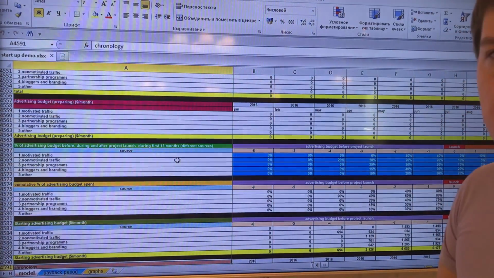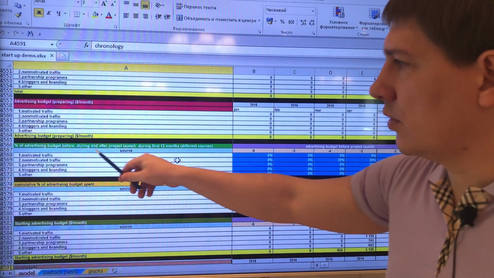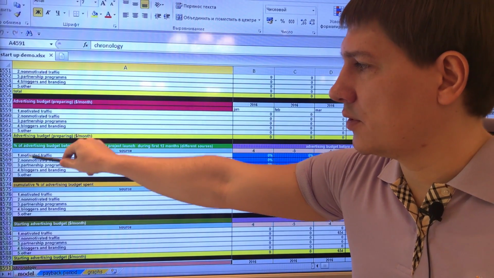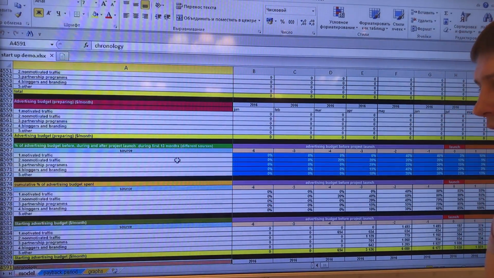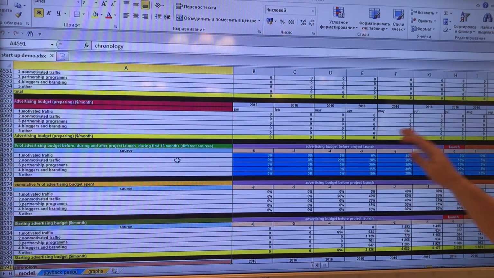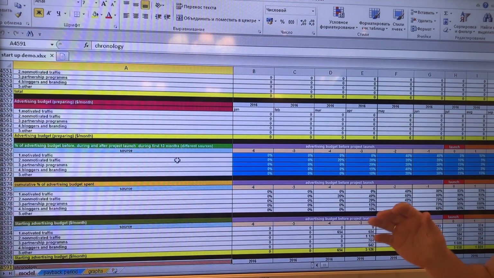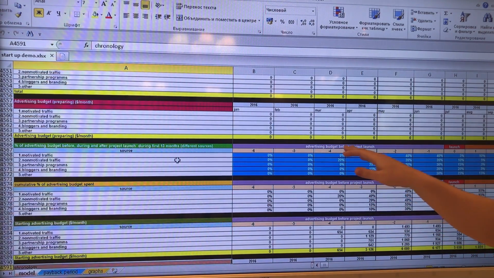we have a very important table. First of all, we have different types of traffic, and here we have 13 months. We have several stages of our business. We have the advertising budget before project launch.